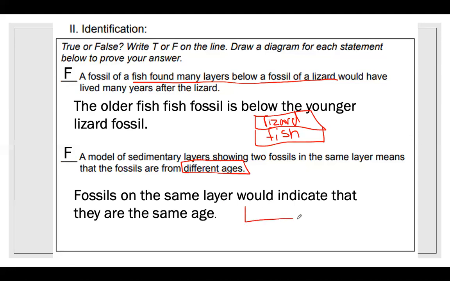And the same with this layer right here. So if we had two layers and we had a fossil here and here and here and here, I'm going to number these. We know that fossils 1 and 2 are the same age because they're in the same layer, and fossils 3 and 4 are the same age because they are in the same layer.